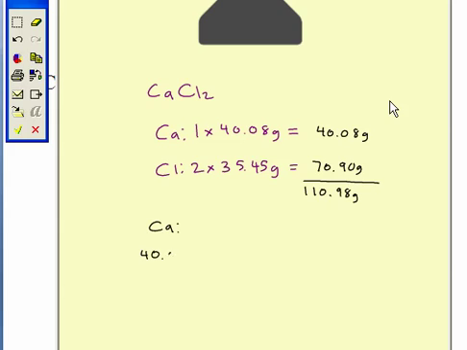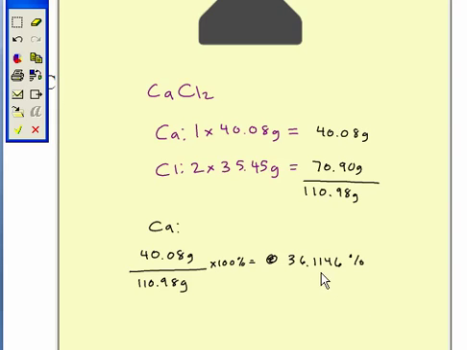To figure out its mass percentage, we take 40.08 grams and divide it by the molar mass. So in this 110.98 grams, 40.08 grams is due to calcium. And when I put this in my calculator, I get 36.1146%.